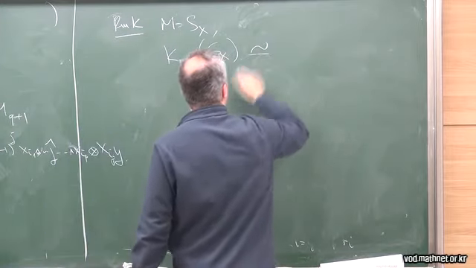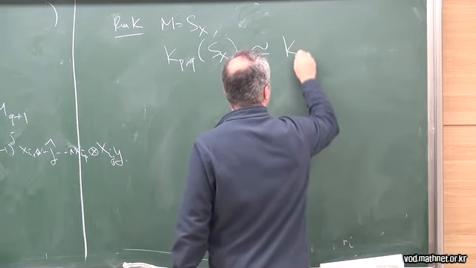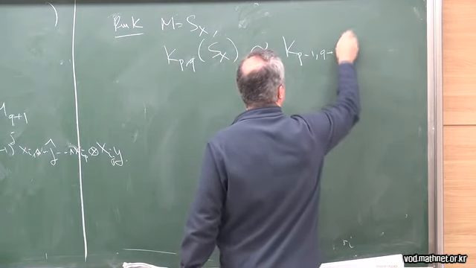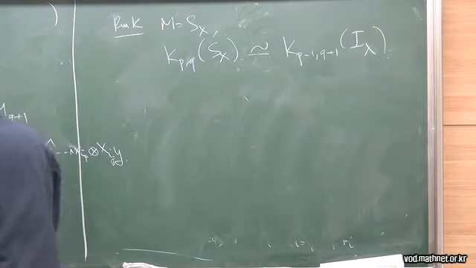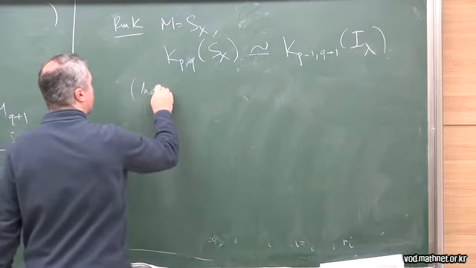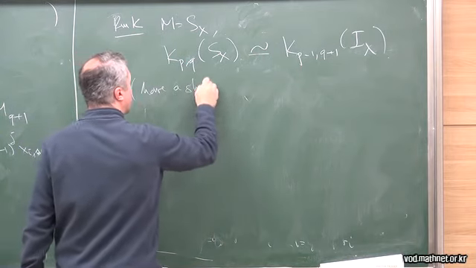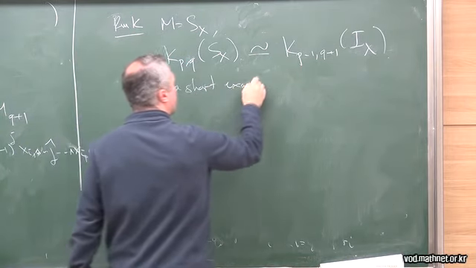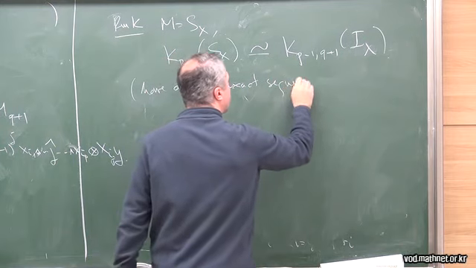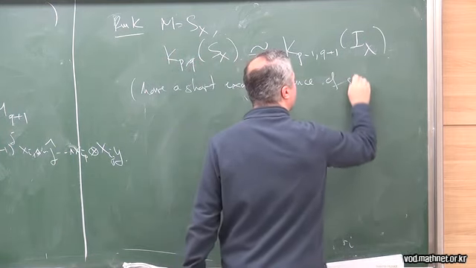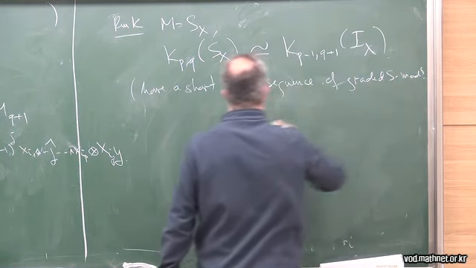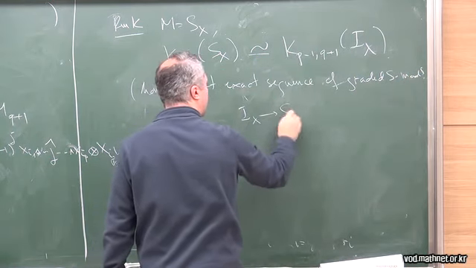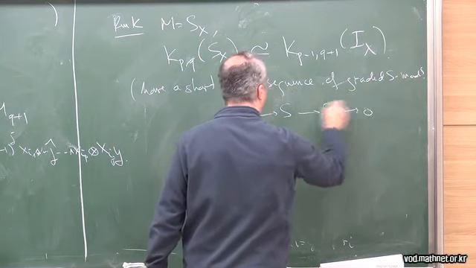Well, this is isomorphic to Kp-1,q+1 of Ix, because we have a short exact sequence of graded S-modules, which is Ix goes to S, goes to Sx, goes to 0.